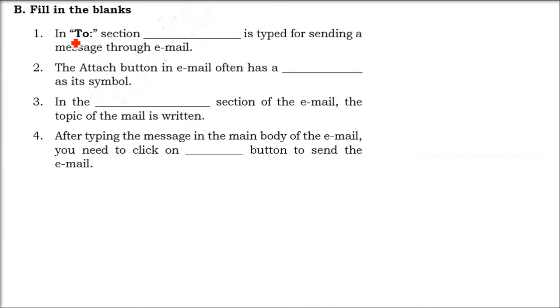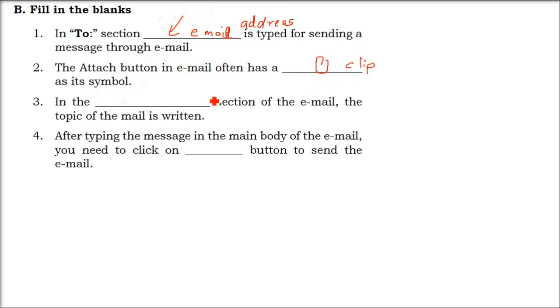Another part: fill in the blanks. In the To section, dash is typed for sending a message through email. So in To, you will type the email ID of the recipient who is going to get your email. So email address. The attach button in email often has a dash as its symbol.